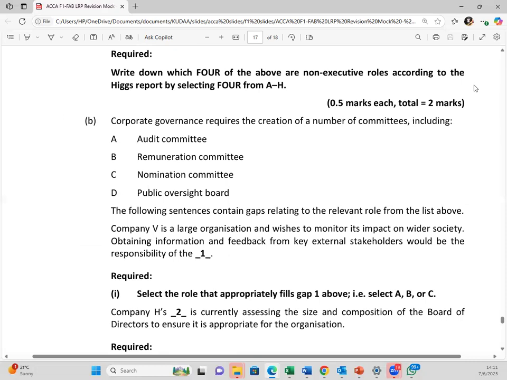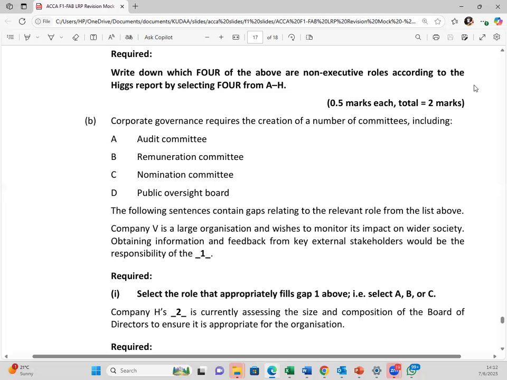Corporate governance requires the creation of a number of committees, including the audit committee. If it's the audit committee, it verifies that the transactions are true and fair. Are there no errors? It also checks the control systems of the company.